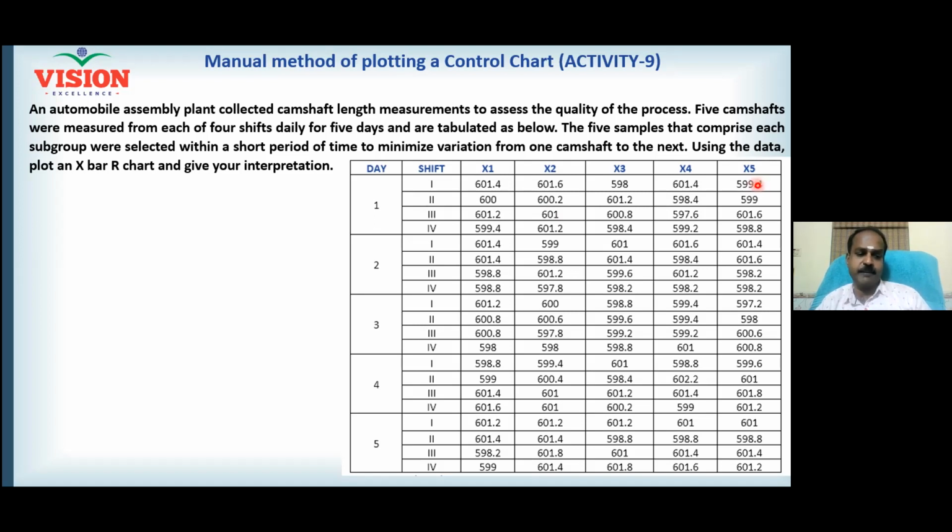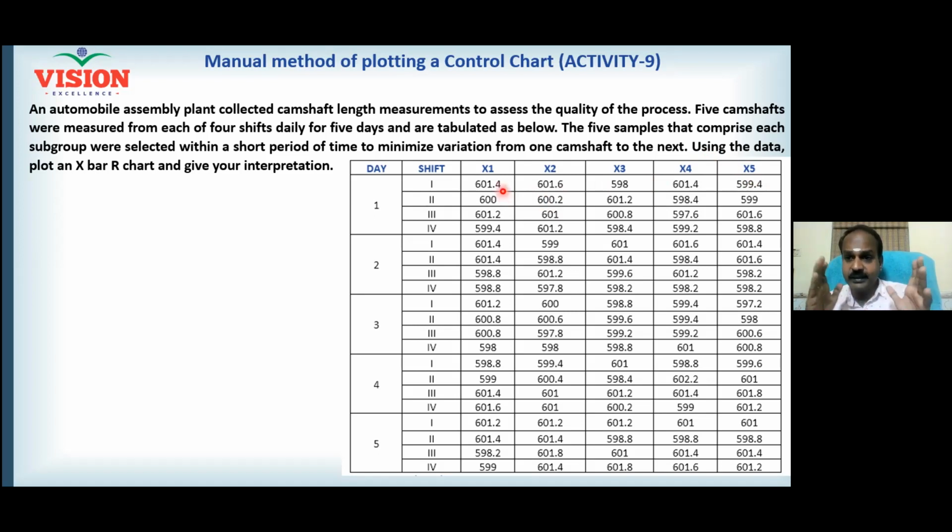We want to understand how is the performance in shift number 1. Am I correct or not? Correct. So this sample, though it is just 5, it is representing everything you produced in the entire shift. In the entire shift, you might have produced 1,000 items, but these 5 items are going to represent the 1,000.